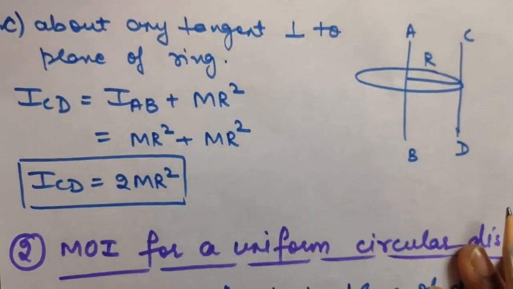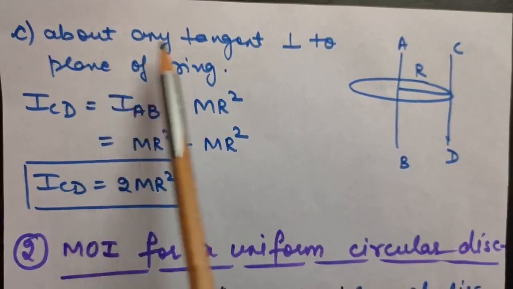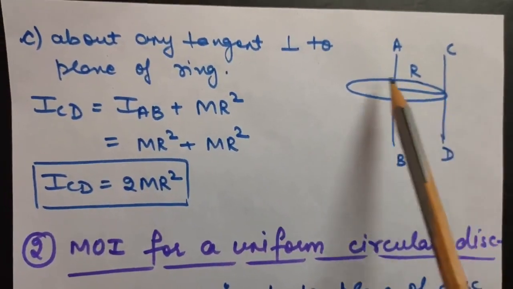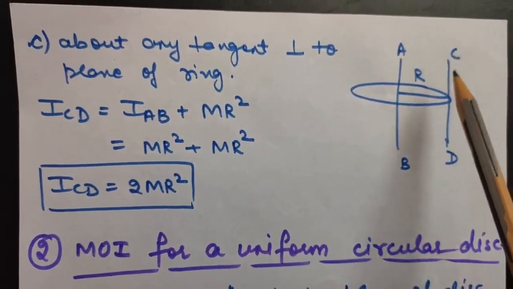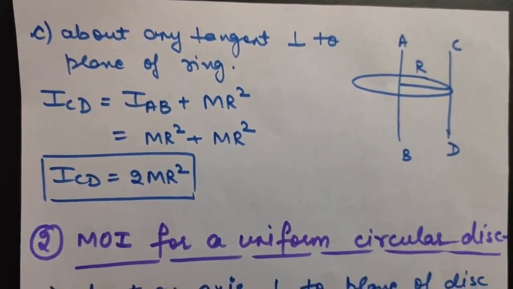Let us take one more case for the ring, the third part, C, which is the moment of inertia about any tangent perpendicular to the plane of the ring. That is, this is a ring and we have to calculate the moment of inertia about this axis CD, which is perpendicular to the plane of the ring.